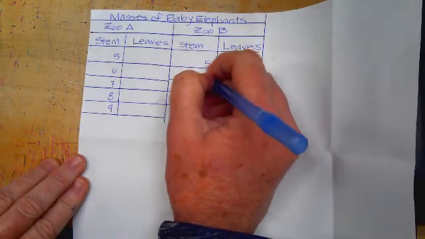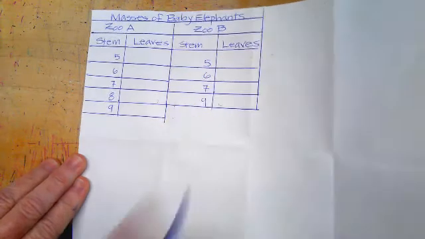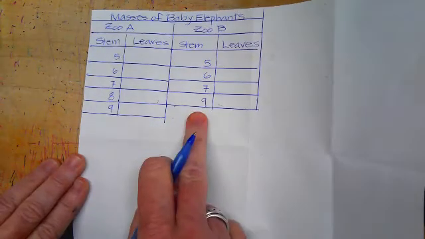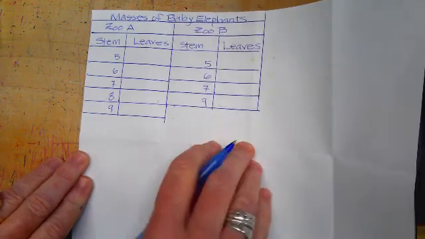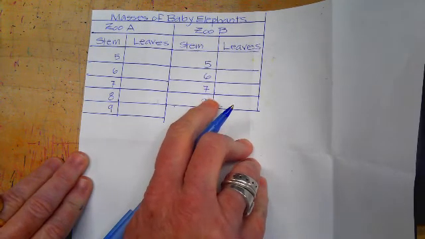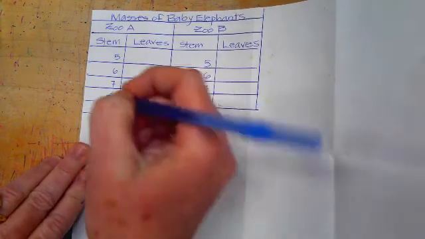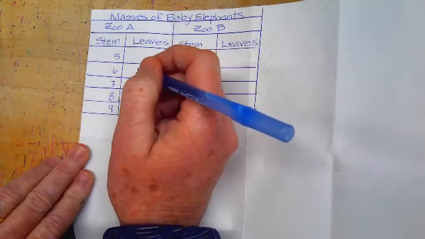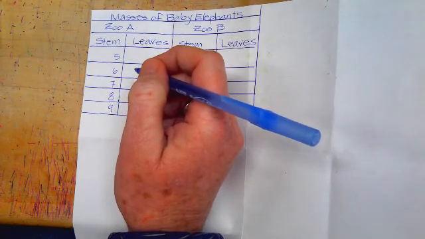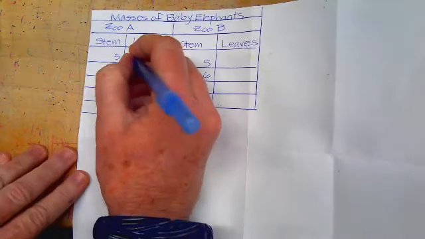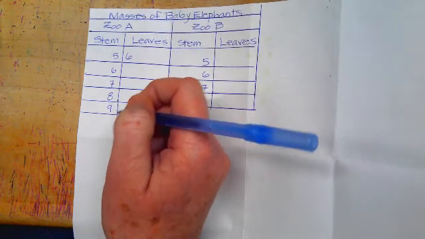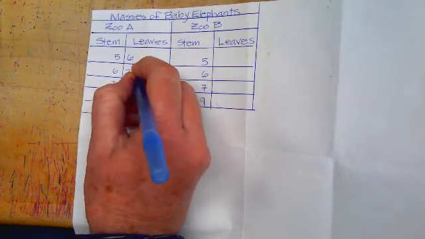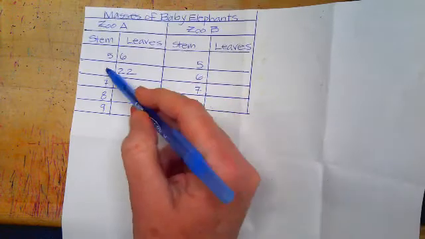This is Zoo A. Zoo B, we had 50, 60, 70, and 90, because Zoo B has one less elephant. Like one less elephant was born, and they don't have any 80. There's no 80-pound elephant. Now, for our leaves on Zoo A, we have to look really carefully. We have only 150, so it's 56.